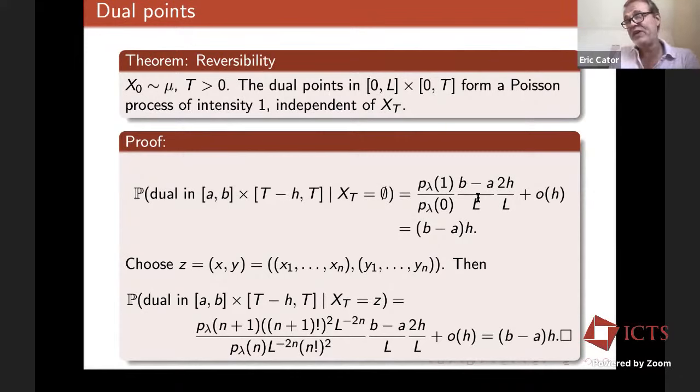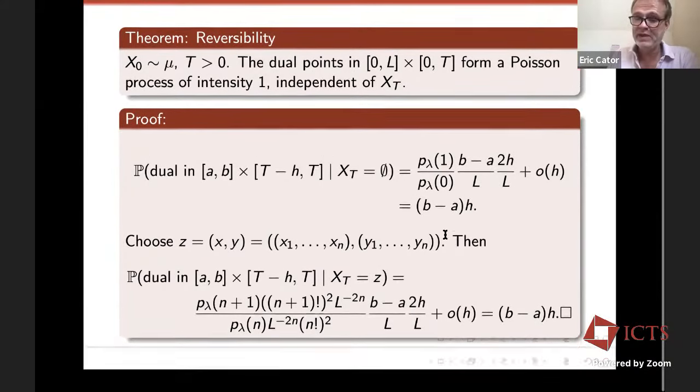And then what has to happen is that the positive particle has to be in this interval AB, and the negative particle has to be no more than 2h away from it. Right? And this product gives you the right probability, and you work it out, and you get b minus a times h, which is exactly the probability of a Poisson process of finding a dual point there. So that's nice. So when you condition on the empty set, it's correct.